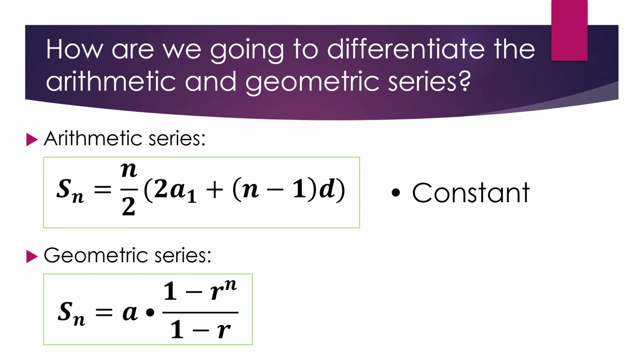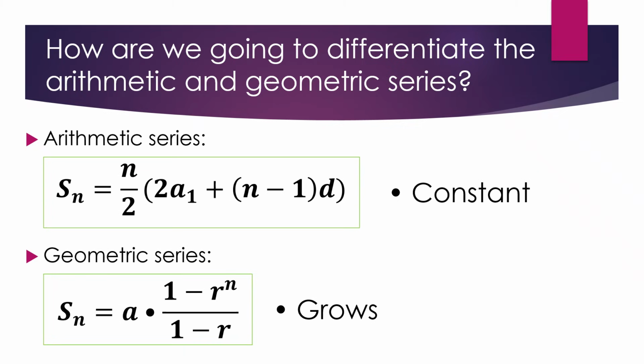And if we're talking about the geometric series, it is all about growth. Meaning each month, the payment is not the same. Again, in arithmetic series, each month the payment is constant. Each month we're paying the same amount.